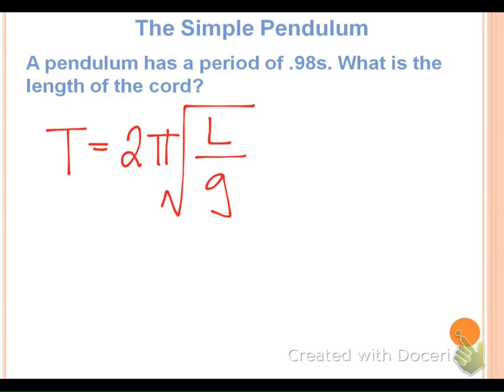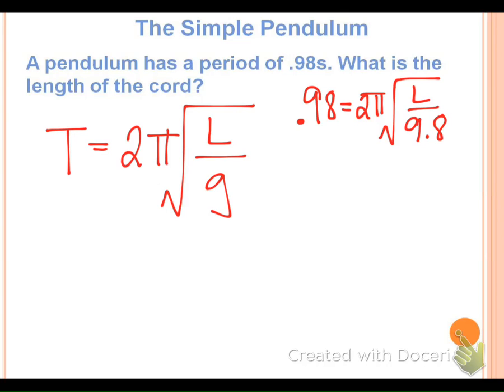I'll probably do it with the numbers plugged in. If you need to walk through the math to get this L by itself, please watch on the board or listen as we walk through it.